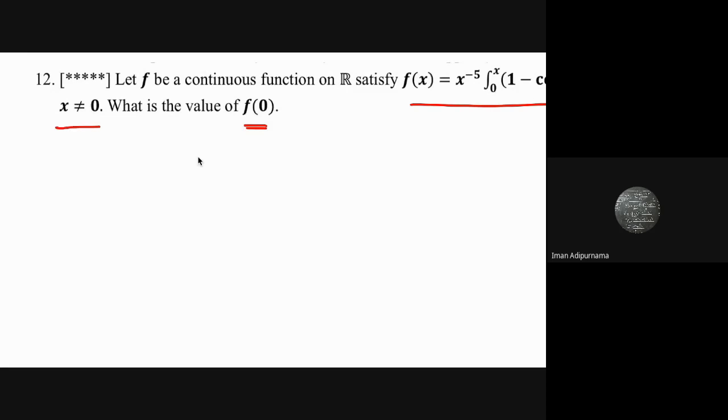So what we can do, if this happens, is remember that we have the concept of limit. We have the limit as x approaches 0 of f of x, then we can evaluate at least the limit for f of 0, right?